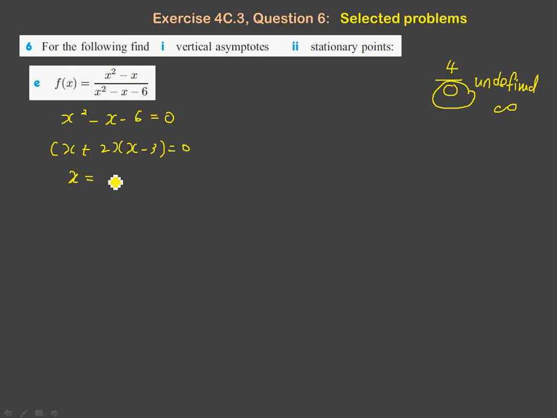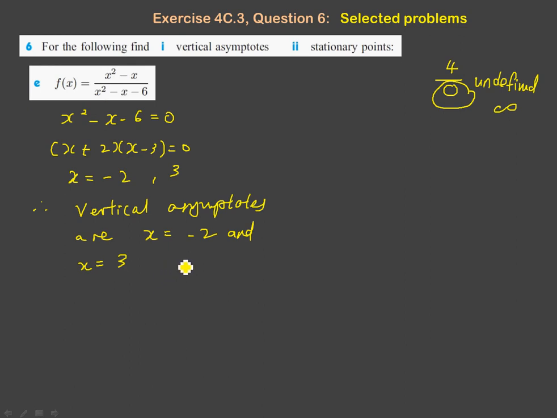So we have x equals 2, x equals 3. Therefore, the vertical asymptotes are these two vertical lines, x equals 2 and x equals 3.